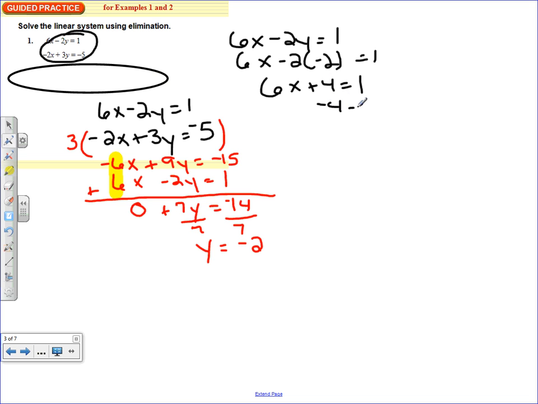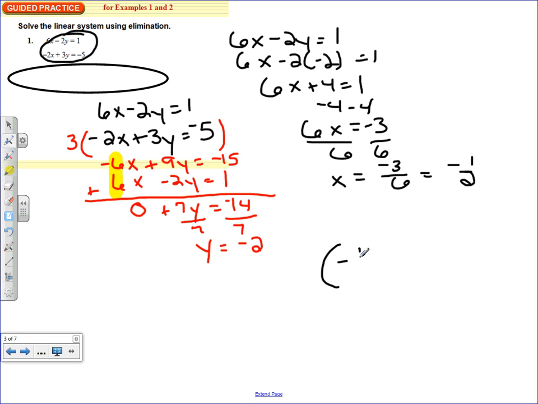If we subtract 4 from both sides, 6x equals negative 3. Now we divide both sides by 6. The value of x is negative 3 over 6, or in its best form, negative 1/2. So we have our final solution, a coordinate point, negative 1/2, negative 2.